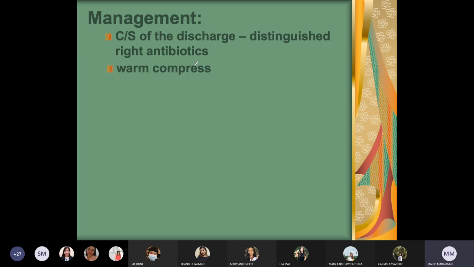For the management, you need culture and sensitivity of the discharge to distinguish what type of microbe, so that you can give the correct antibiotics.